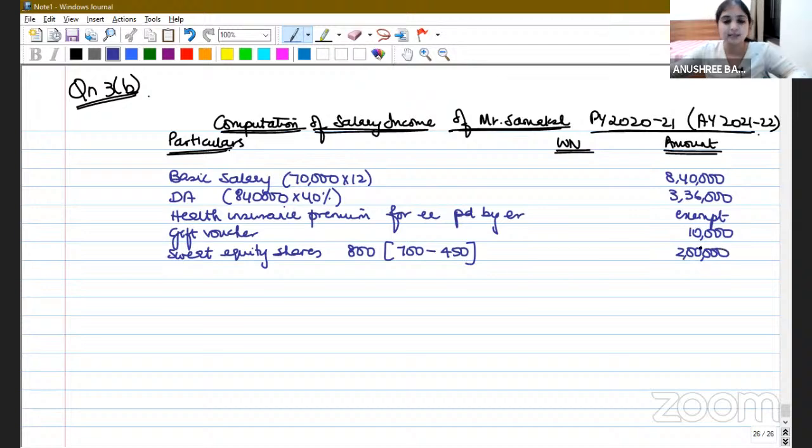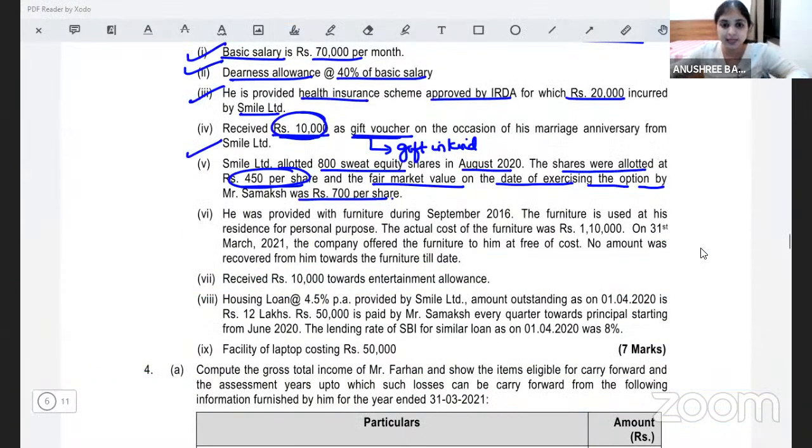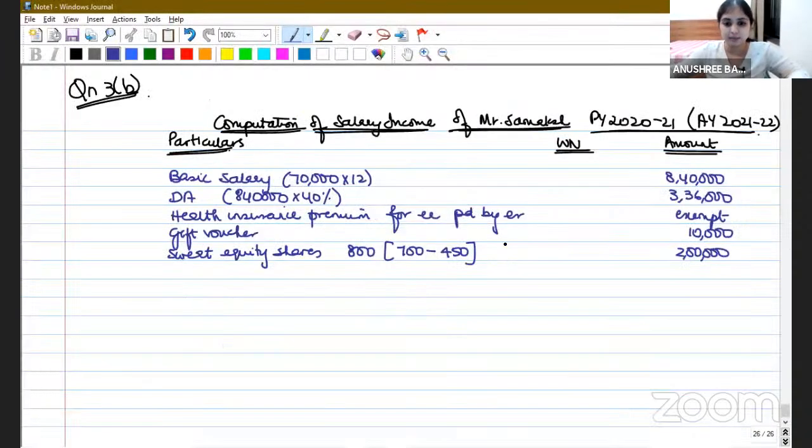This will be the taxable value of the perquisite. So 2 lakh is a taxable number we get.